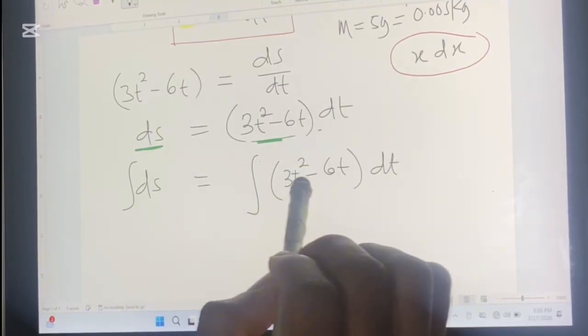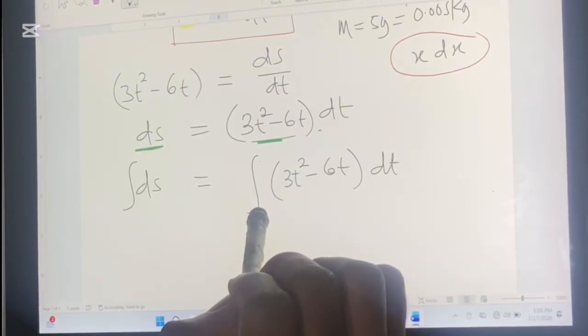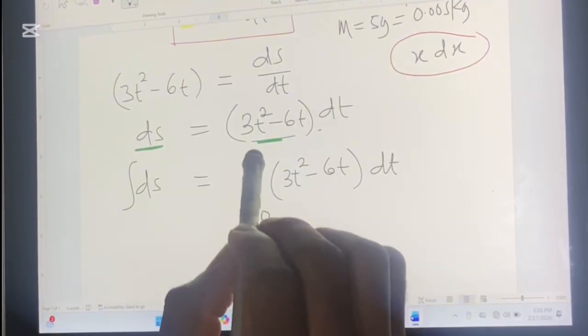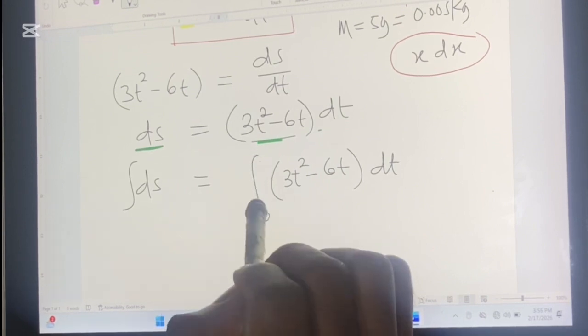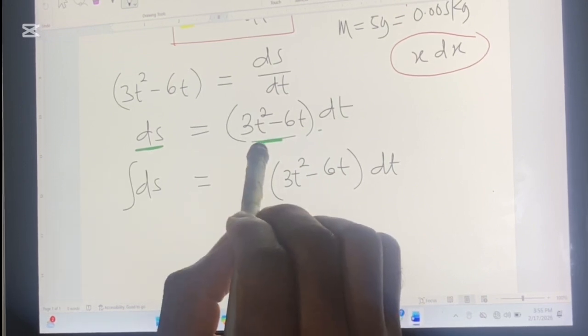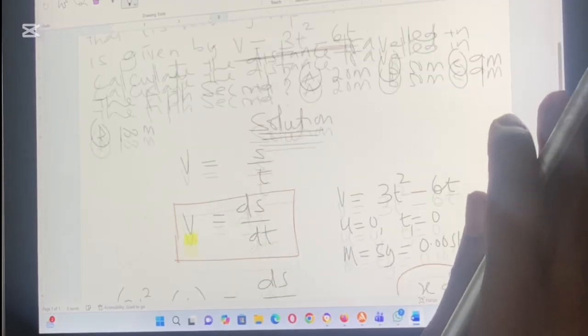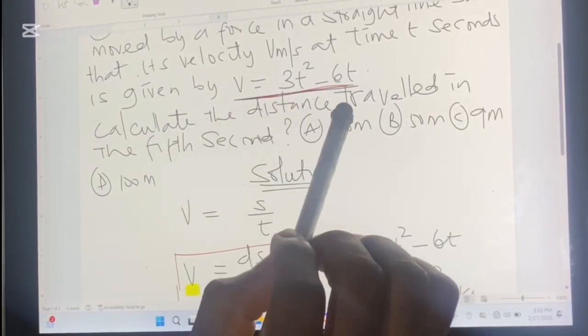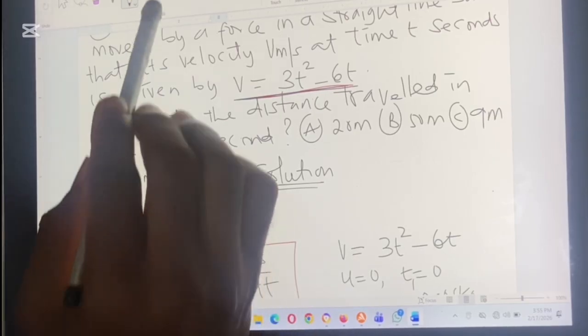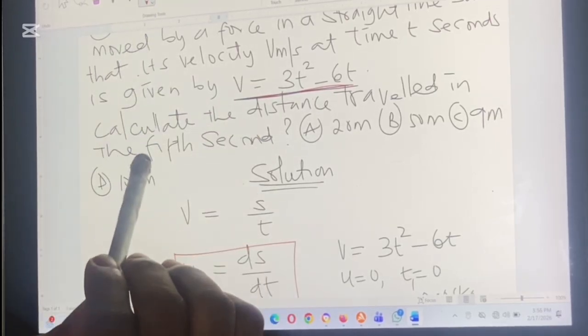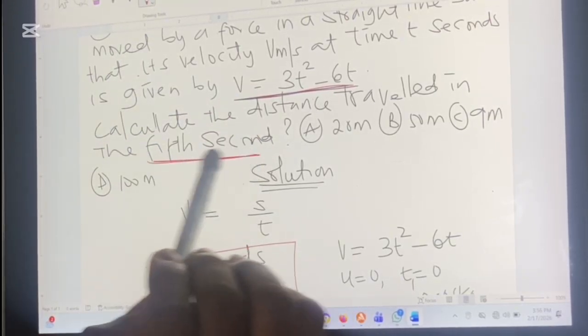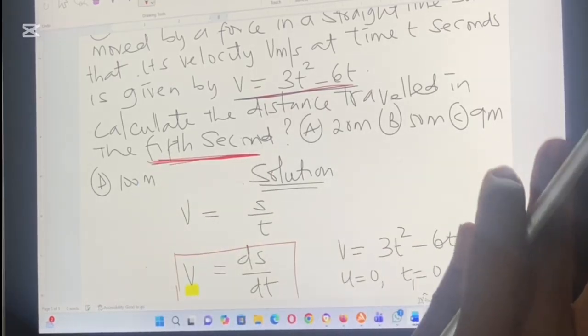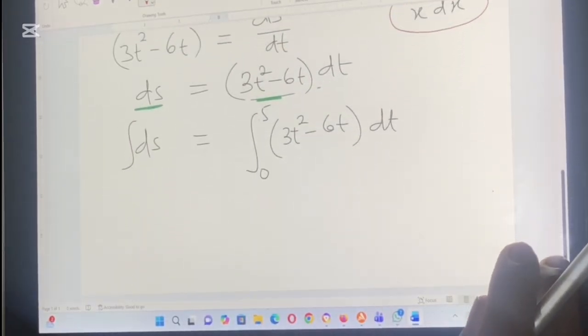Now the boundary, that is the time taken here, for t naught is 0, while for t1 is 5. Okay, the reason for this 5 is from the question. They said calculate the distance traveled in the 5th second. So t is 5 seconds. Please take note.